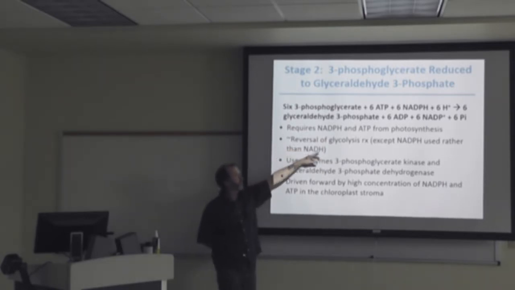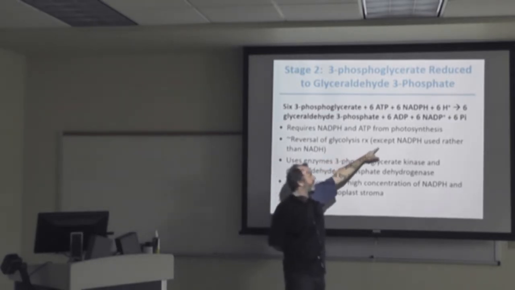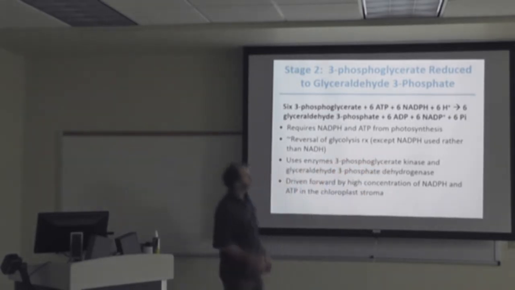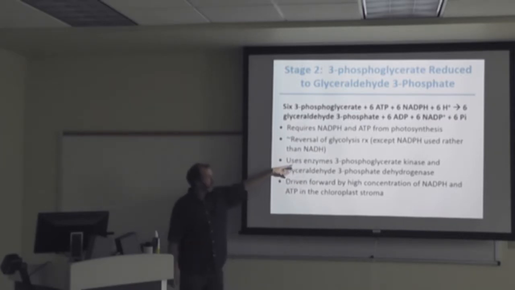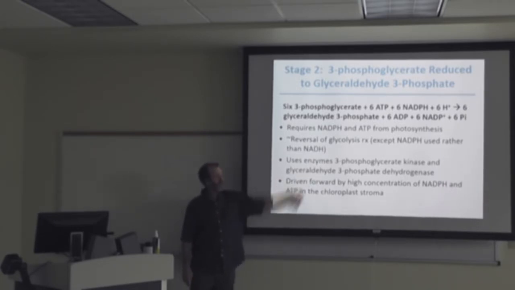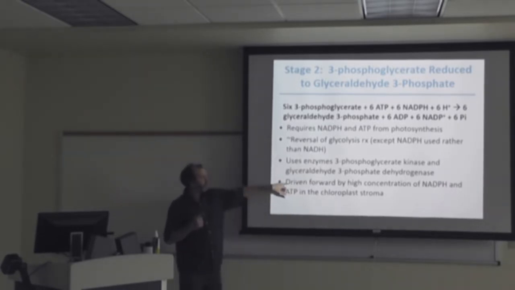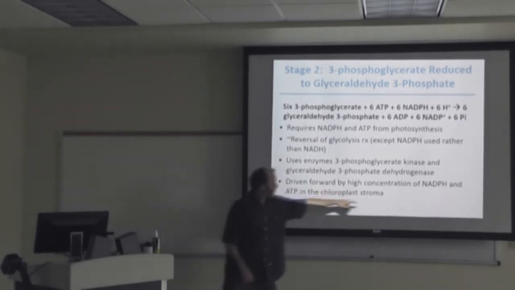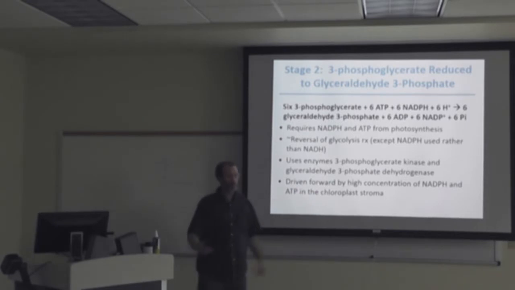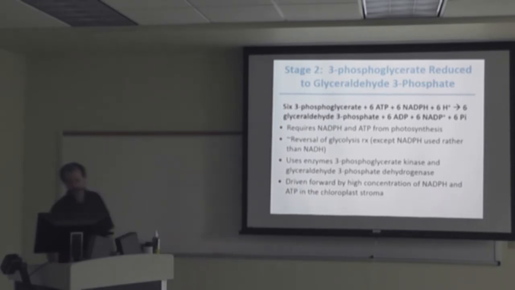It's the reversal of the glycolysis reaction, except NADPH is used for the reducing power rather than NADH. It uses the enzymes 3-phosphoglycerate kinase and glyceraldehyde 3-phosphate dehydrogenase running in reverse. It's driven forward by the high concentration of NADPH and ATP in the chloroplast stroma.